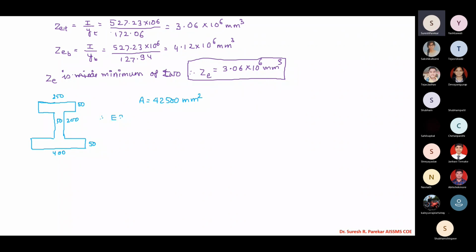Now therefore equal area axis A by 2 equal to 42500 upon 2, and it will be 21250.